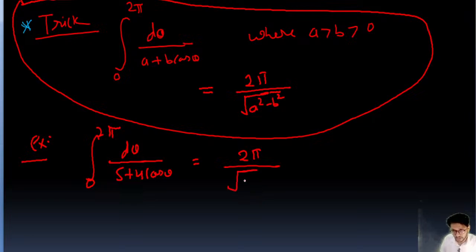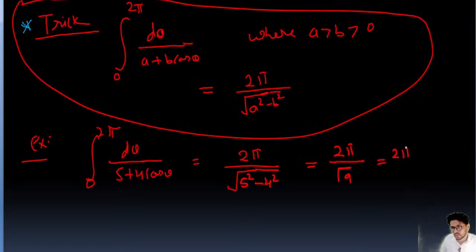So this is going to be 2 pi upon root 5 square minus 4 square, and this value is going to be 2 pi upon root 9, that is 2 pi by 3. Okay, this is the answer.